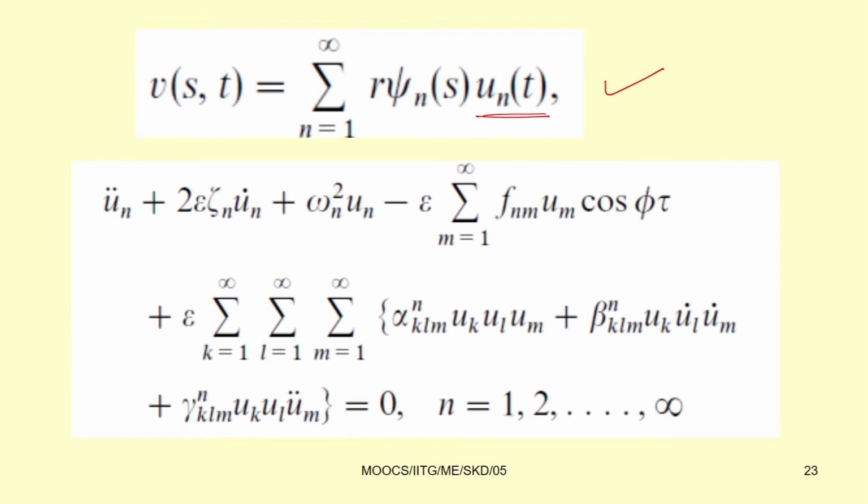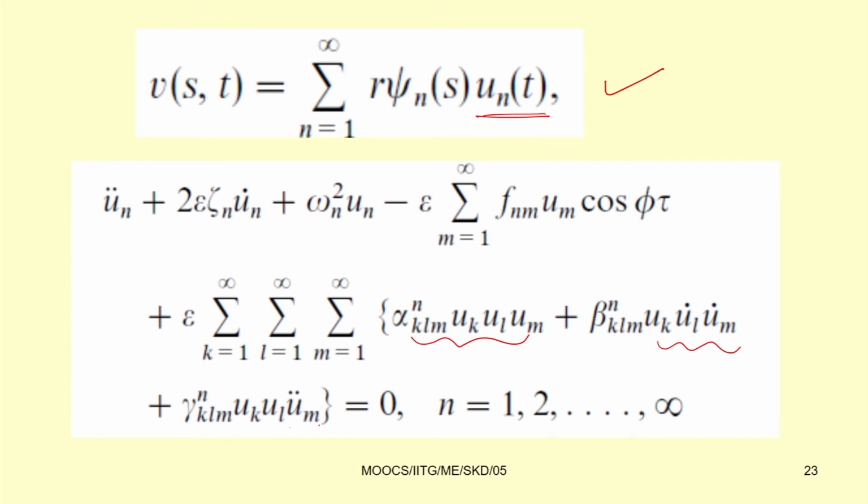So, you can see this term, that is u_k u_l. If k, l, m are equal to 1, then it reduces to u cubed only. Similarly, here it reduces to u1 into u1 dot square. The product of two velocity terms is an acceleration term.